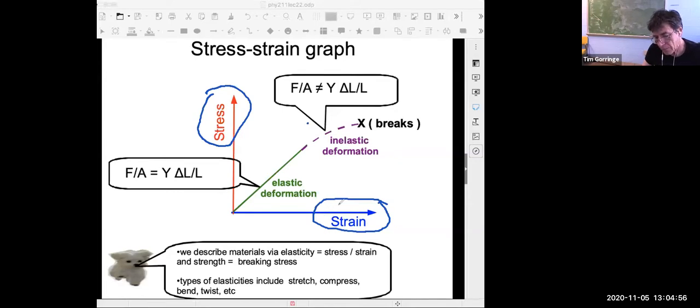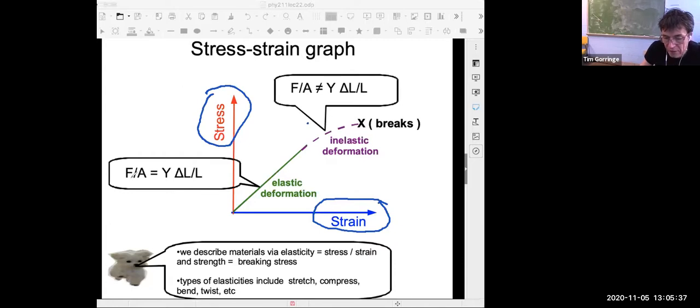And then the strain, if you remember, that's the elongation, the delta L divided by the length of the rod or the cable or the wire that you're stretching. So this is the result. So we've got the cause vertically and the result horizontally. I actually don't know why the engineers do it that way around. I have no idea about that, because in physics we'd always put the cause on the horizontal axis. It's the thing you do to the wire, and the result on the vertical axis is the consequence for the wire.